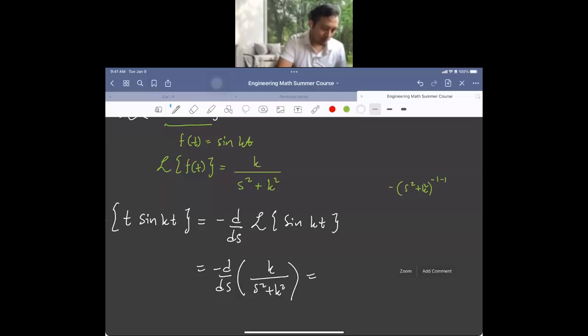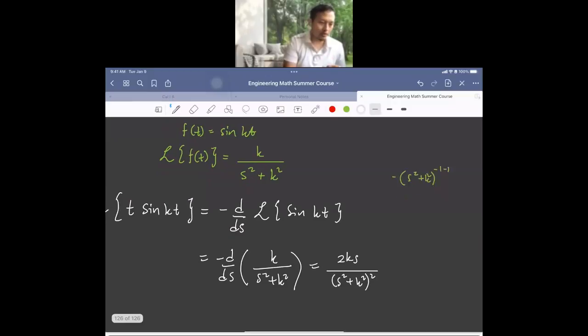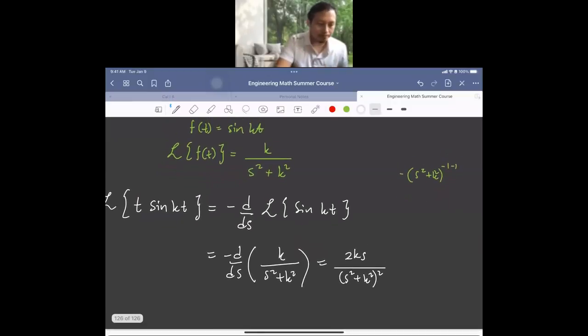So we will have s squared plus k squared, squared, to the power of -2, we can put down again, and then we can have k multiplied with the derivative of s squared, which becomes 2s, so 2ks. Okay, I think you can derive it normally, just like usual derivatives.